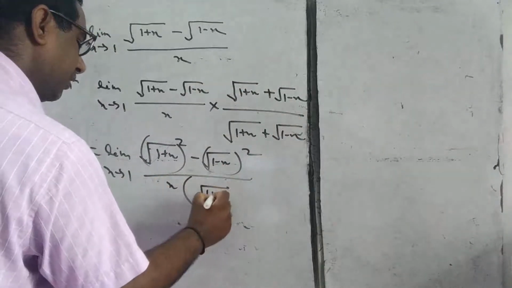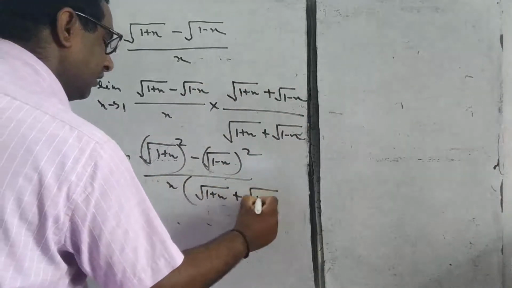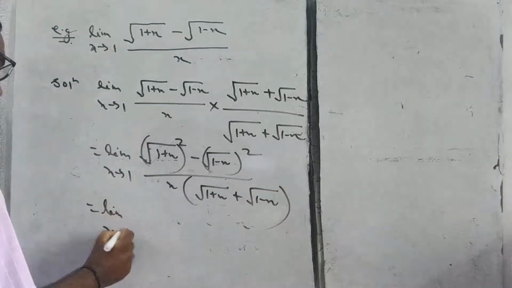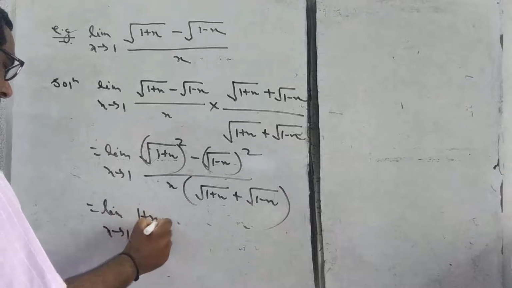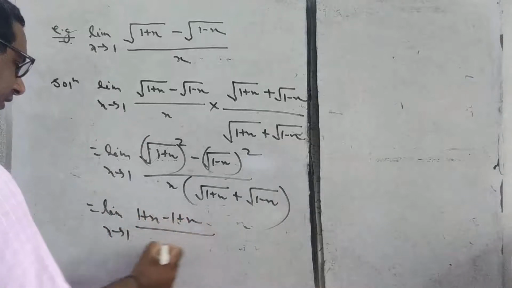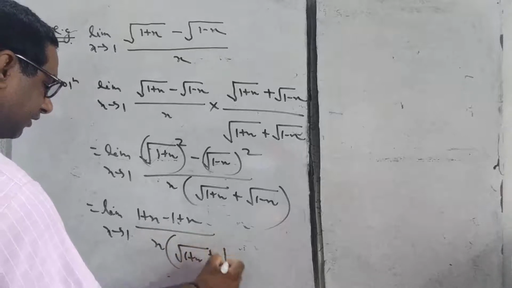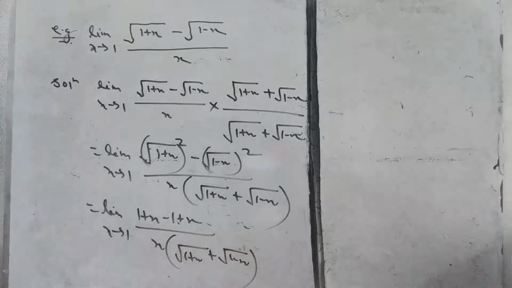So 1 plus x minus 1 plus x upon x into root 1 plus x plus root 1 minus x.